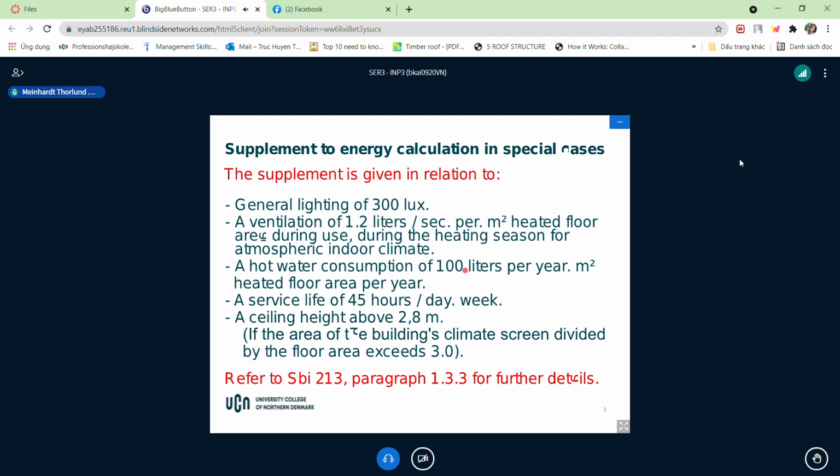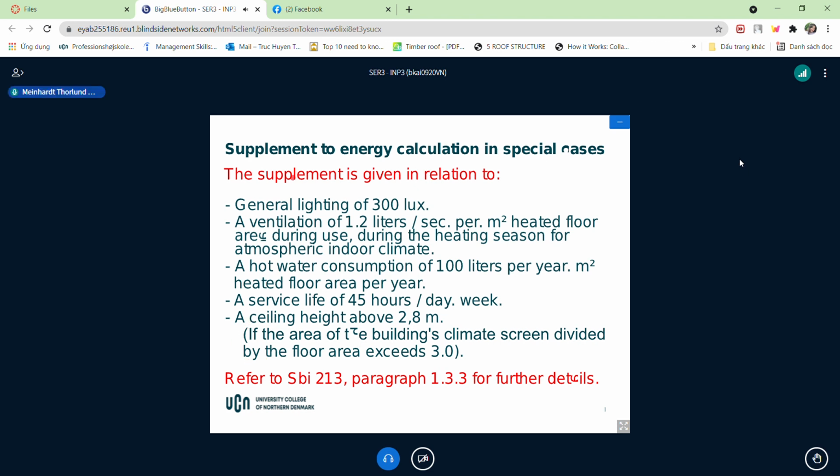This number will probably be bigger than 100 liters per year, and then you could get a supplemented energy frame. If the service life is above 45 hours a week, if it's higher than that, you can get an extra supplement. If the ceiling is above 2.8 meters, you also get one.